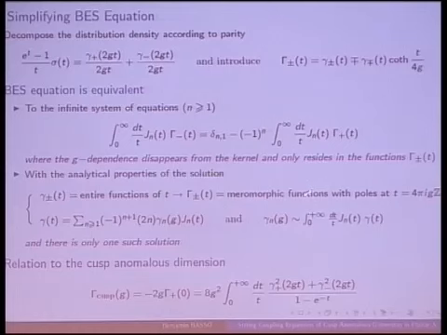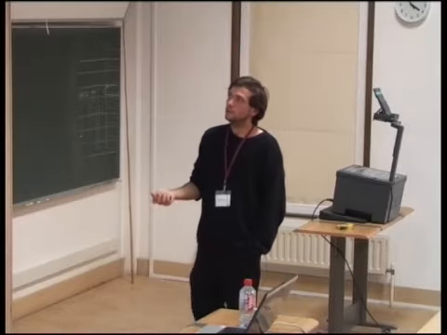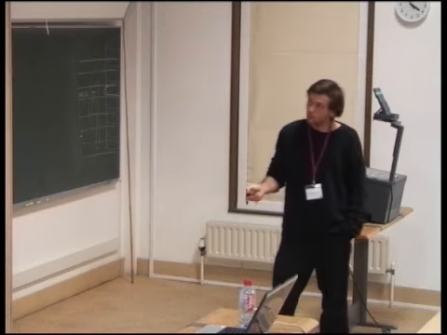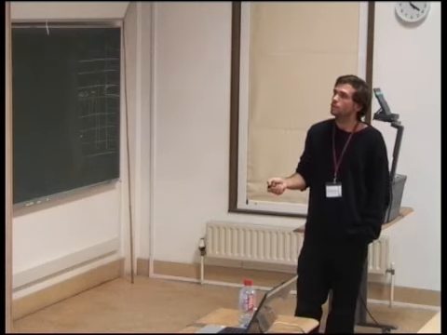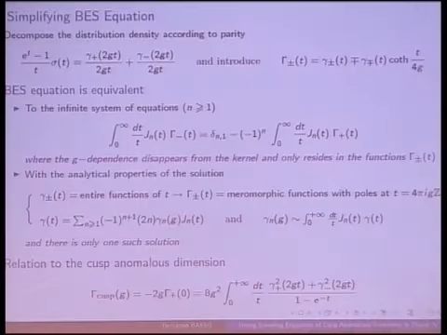In fact, this is equivalent to the fact that this development is convergent to the small gamma with a dominated convergence argument, in order just to commute the sum and the integrals. And nicely enough, there is only one such solution. So if we are able to find this solution, we find the solution of the BES equation.